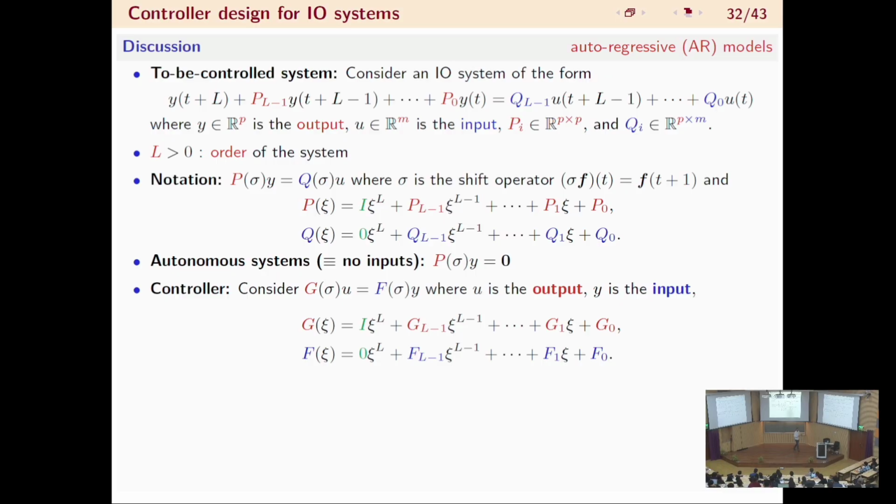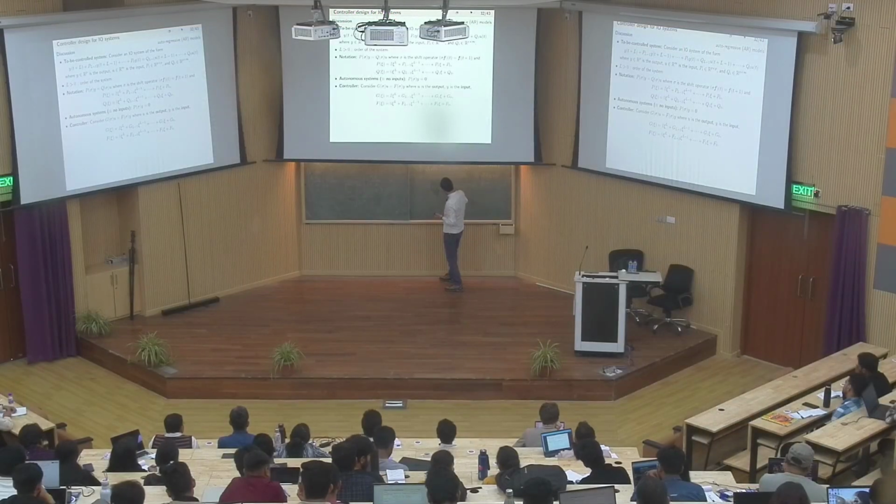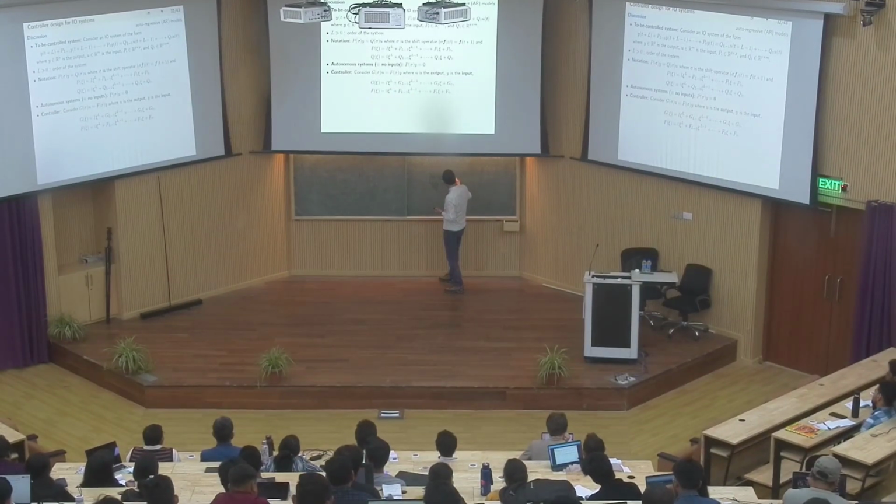It is yet another system that I'm going to attach to the to-be-controlled system. So if I make a diagram, I am given an input-output system, which is given by the pair P, Q. So maybe I should write it down: P of sigma y is equal to Q of sigma u.